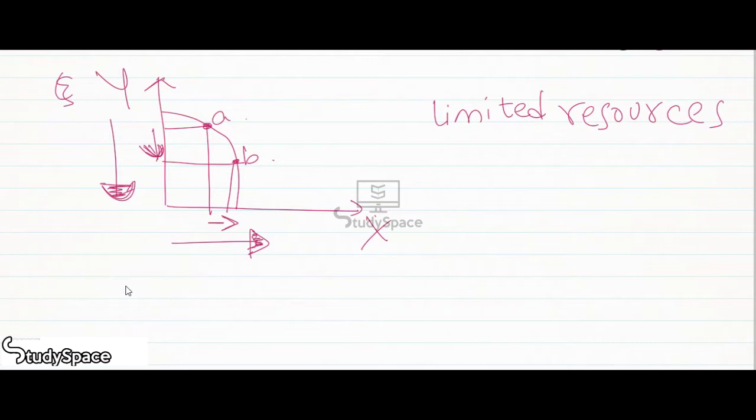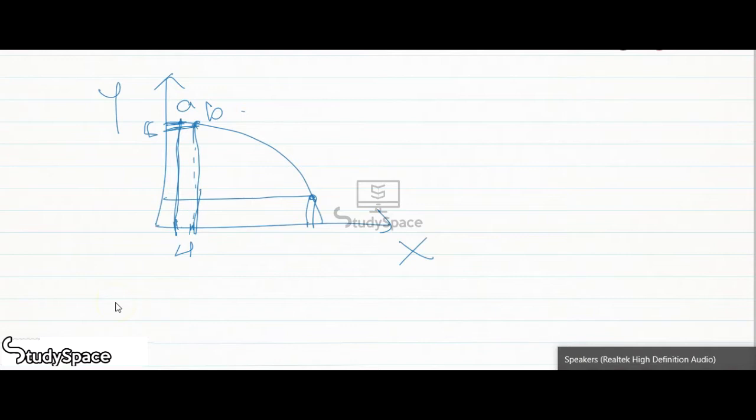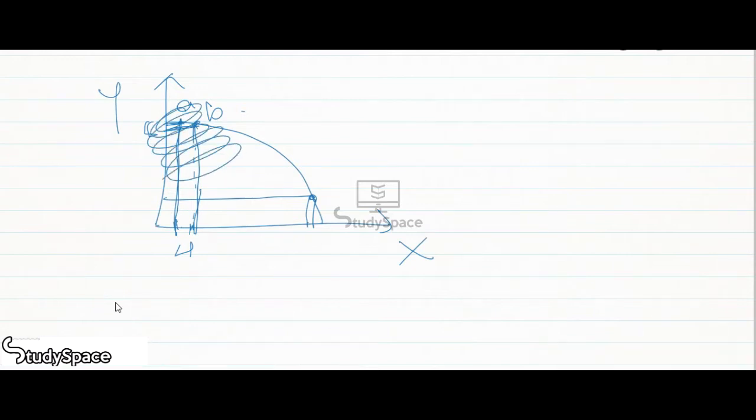Now let's talk about why this is concave outwards and not a straight line or a convex curve. Let's first talk about the theoretical aspect of this.